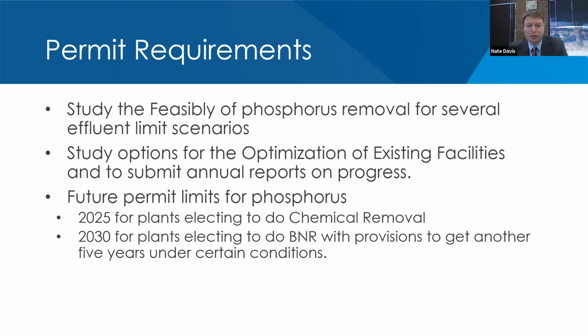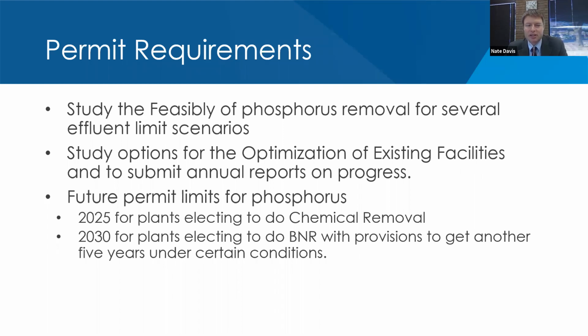So if you want to do chemical removal, you're going to get a permit limit by 2025, and you're going to have to meet both a 1 milligram per liter monthly average and a 0.5 milligram per liter annual geometric mean. If you elect to do it biologically, then you get out to 2030 before they give you a permit limit.